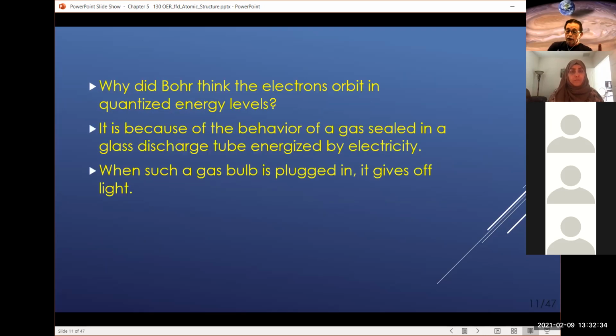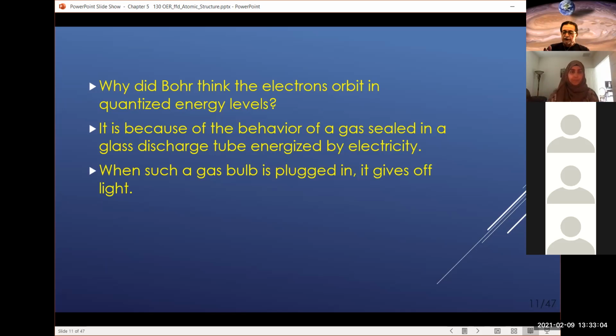If we take a fluorescent bulb, for example, or a gas bulb, and we plug it in, we put in energy. That's what's happening with fluorescent bulbs at home. You have electricity running through the bulb, and there's gas in that bulb. The electricity is energy. It excites the electrons of the gas molecules to go from the ground state up to an excited state.